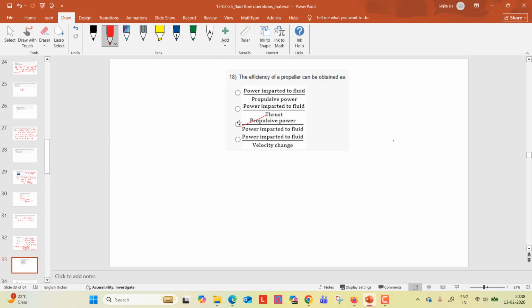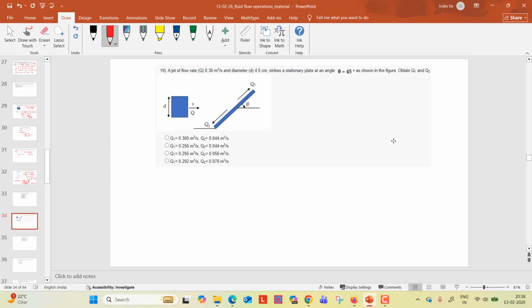Next, a jet of given flow rate and diameter strikes a stationary plate at an angle theta equals 45 degrees as shown in the figure. So Q is given, diameter is given, and the angle is also given. Find Q1 and Q2.